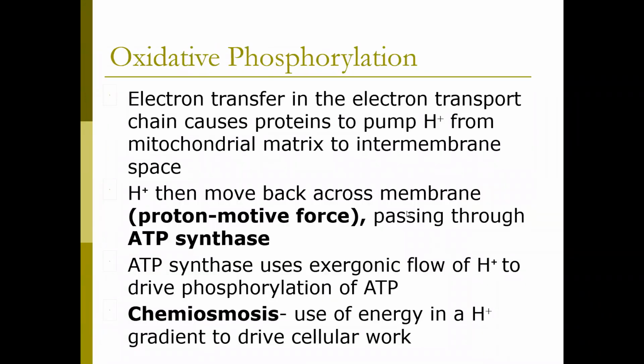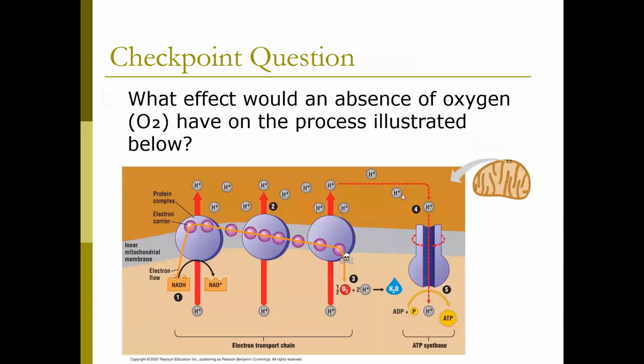So those hydrogen ions are then going to pass through an enzyme called ATP synthase. And as they pass through that enzyme, let me go back a slide, show you where I am. So here's ATP synthase over here. All of these hydrogen ions, they're going to pass through this enzyme.